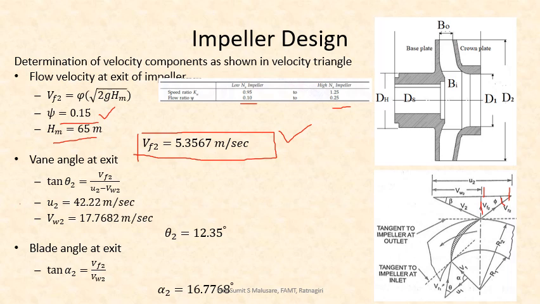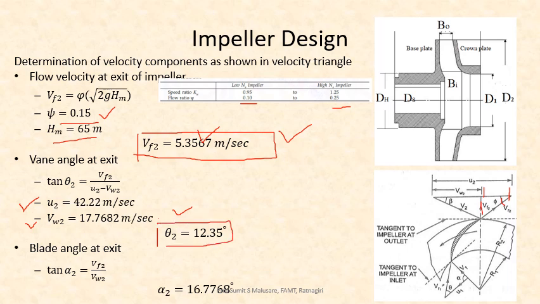Okay, so now u2 is equal to 42.22 meters per second, Vw2 is equal to 17.7682 meters per second, and Vf2 is 5.3567 meters per second. If you put all this in, I will get the value of the vane angle at the exit, theta 2, is equal to 12.35 degrees.